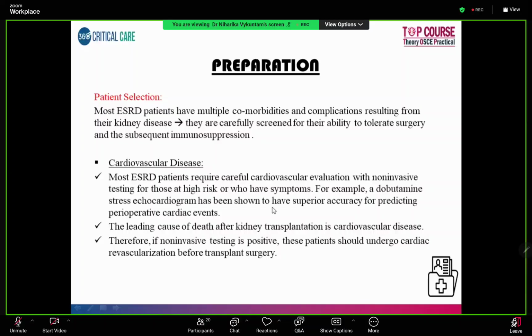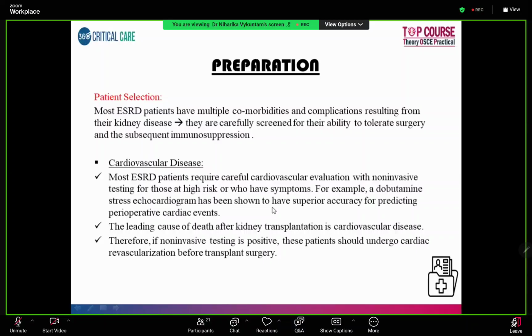We all know that the leading cause of death after kidney transplantation is cardiovascular disease. So all patients who have an underlying cardiac disease should undergo some non-invasive testing. Most commonly, it would be a dobutamine stress echocardiogram, which is usually performed preoperatively. If this non-invasive testing comes positive, then these patients have to undergo cardiac revascularization before the transplant surgery.